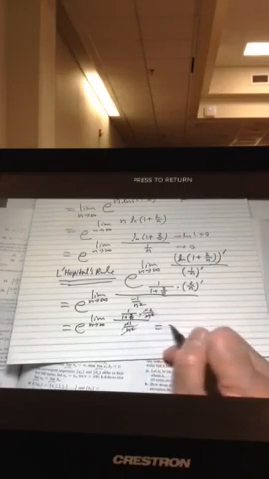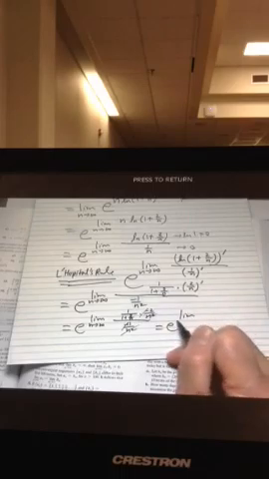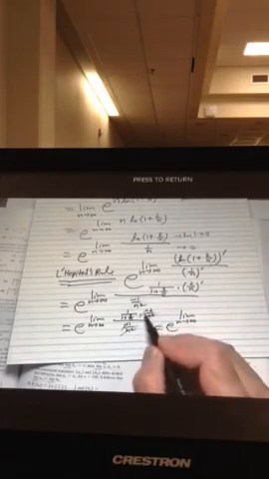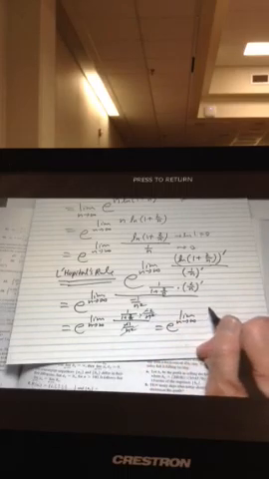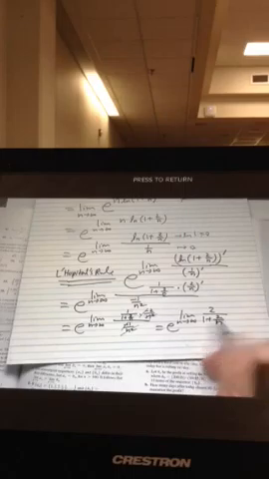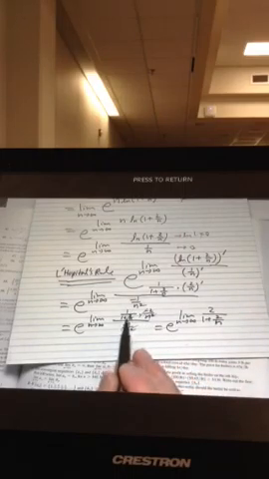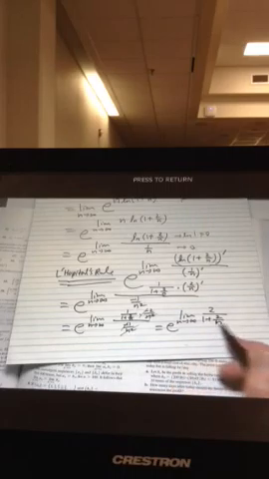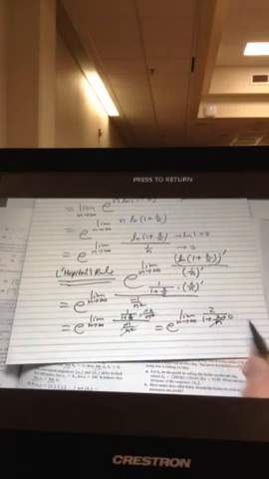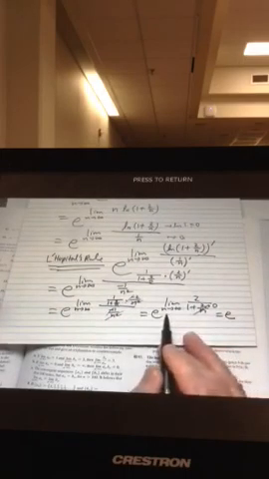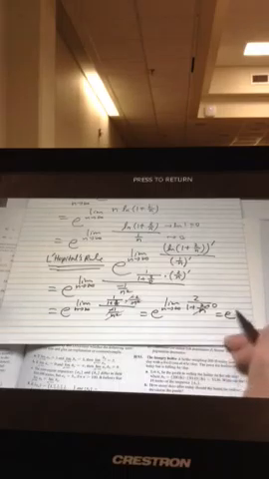So this eventually becomes the limit as n approaches infinity. Cancel, right? So I get 2 here. 2 over (1 + 2/n). When n approaches infinity, 2 over n approaches 0. So this is equal to e to the 2.